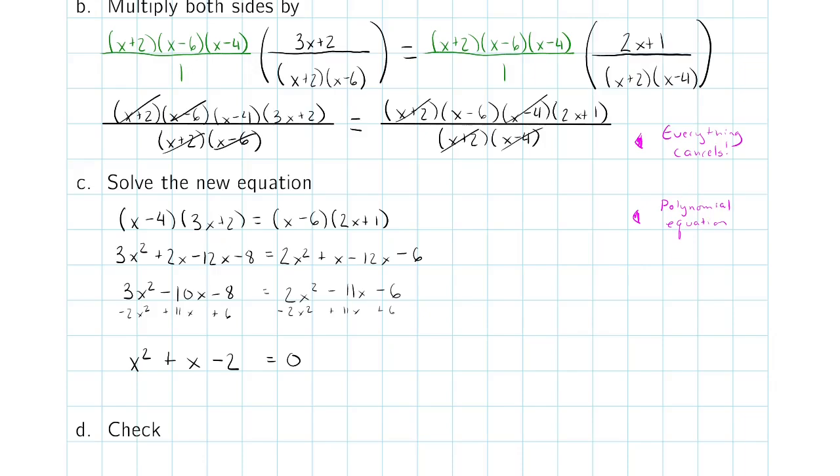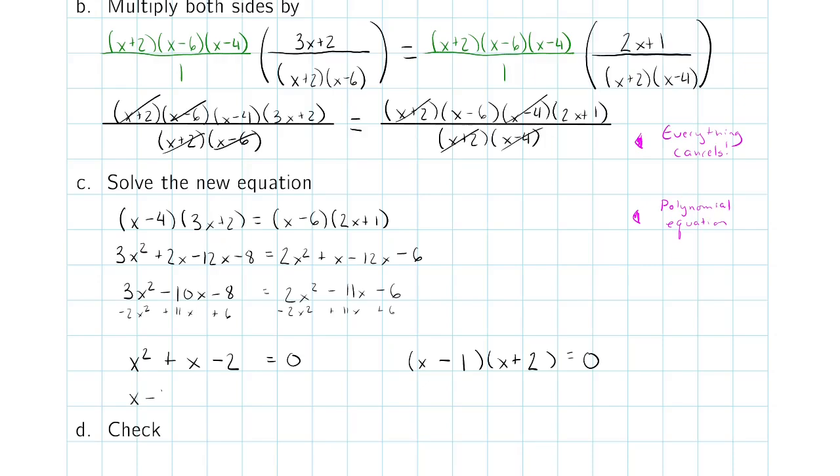So from here I'll factor. I need two numbers that multiply to negative 2. So one will be negative, the other positive. They add up to positive 1. I think that'll be a negative 1 and a positive 2. That product is 0.